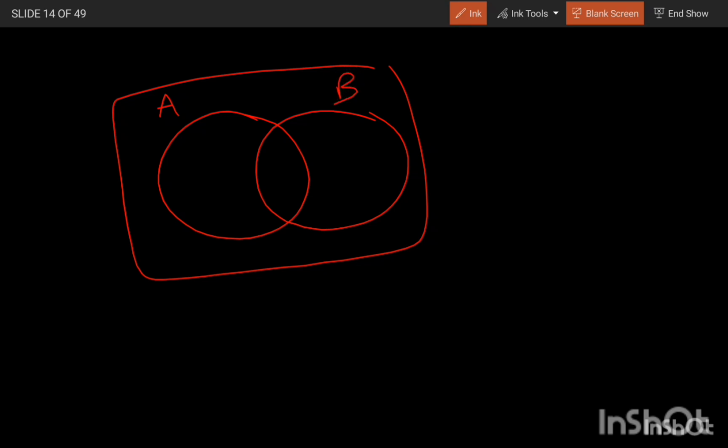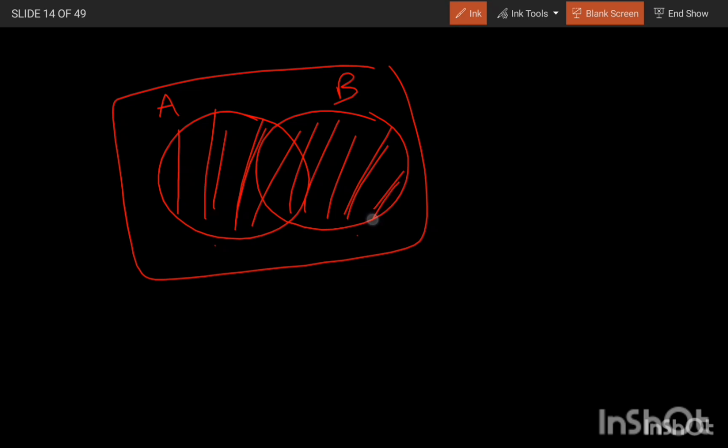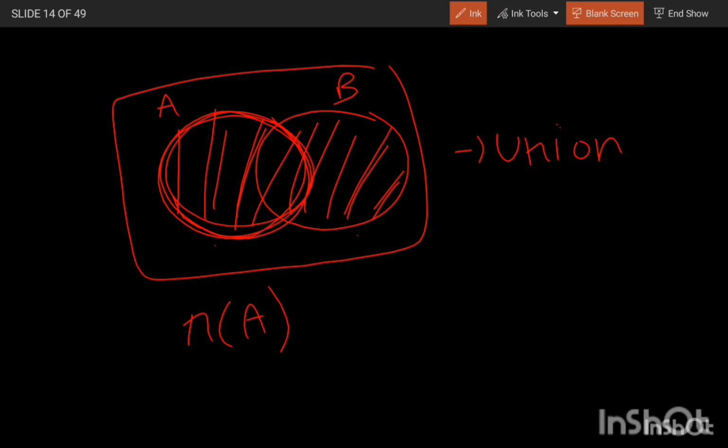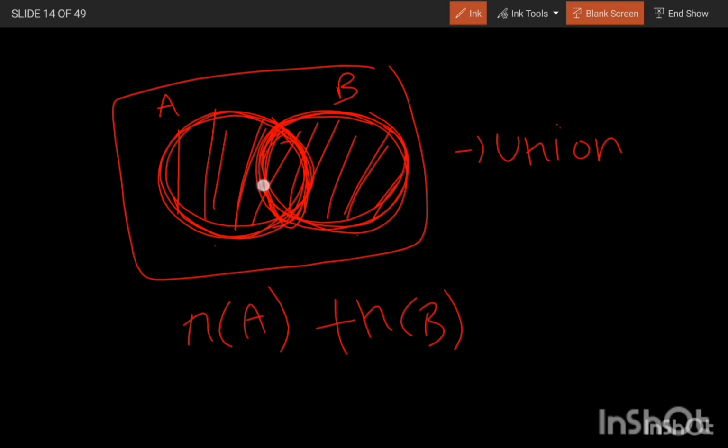Given a set A and set B, the union is defined as the elements present in set A or set B. So the shaded area is the union. That means the number of elements present in A. This circle represents the elements of A, and this circle represents the elements of B. But here we are adding this common part twice, so we have to subtract it.